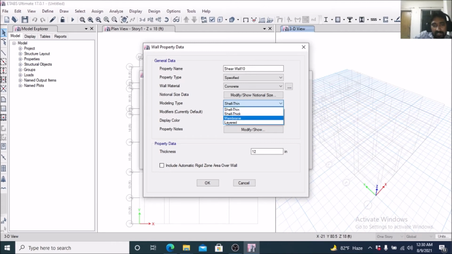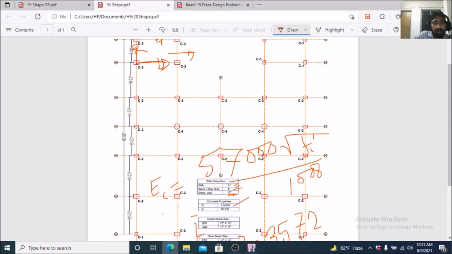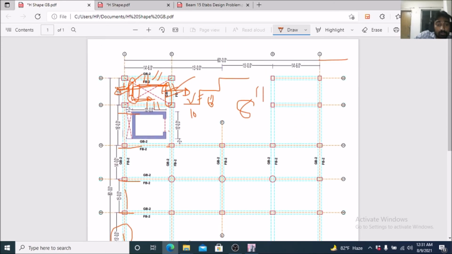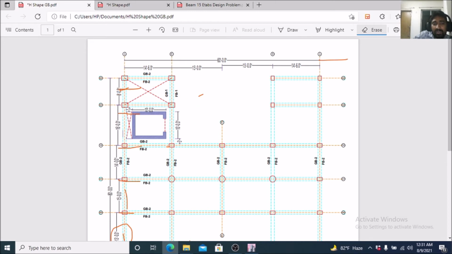It does not comply with membrane, it should be shell, because we return back to the grade beam layout or floor beam layout. In the shear wall we easily observe that the shear wall is such a type of structure that it can withstand in-plane and out-of-plane stress together and simultaneously.